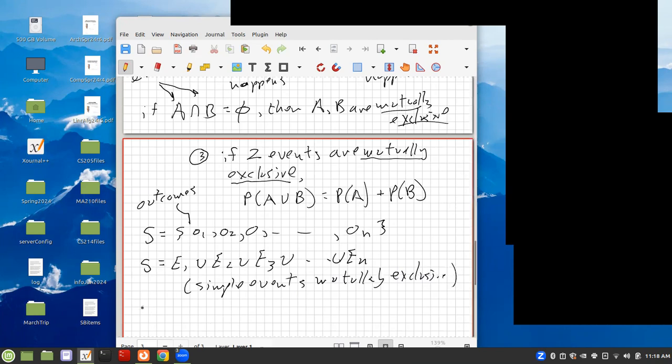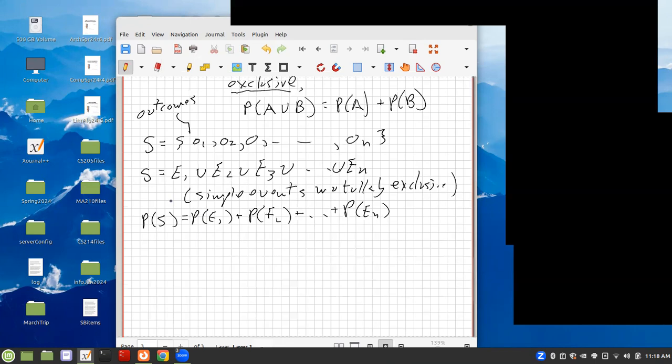So that means the probability of the sample space has to equal, according to this, the probability of E1 plus the probability of E2 plus, and so on, plus the probability of En. And since this equals 1, we have to have that the sum of the probabilities of all the simple events has to equal 1. And that's a strong constraint.